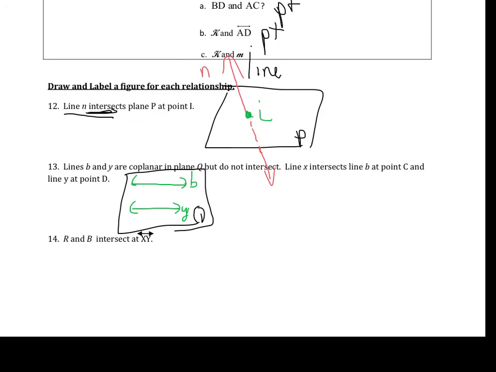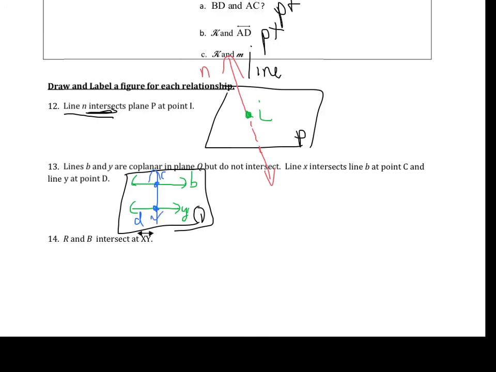So line X intersects here, so it intersects at point C and here at point D. So that's that situation there.